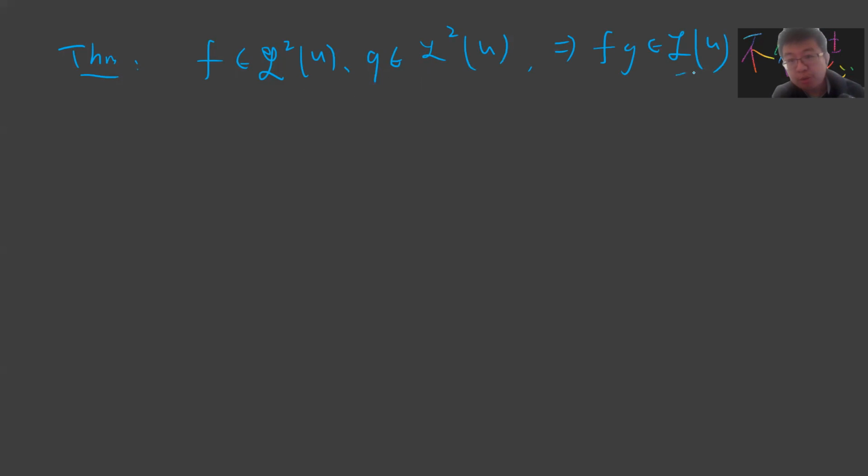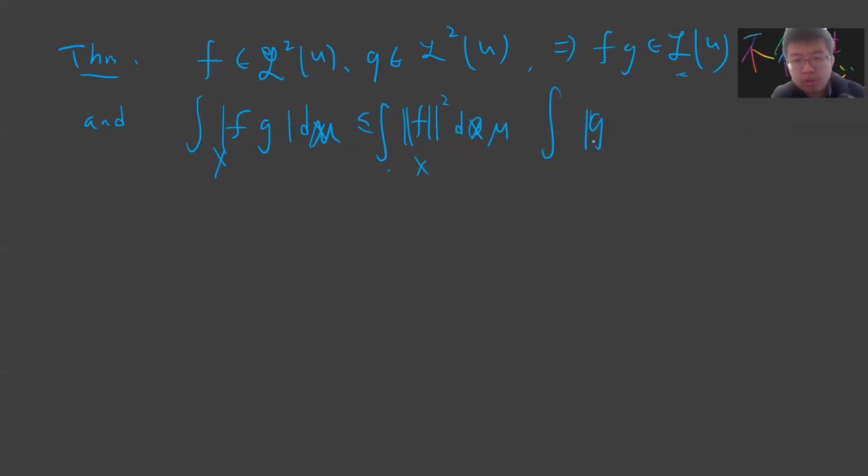Also remember it's L1, not L1 squared. So this is the integral of f squared d mu of x, g squared d mu of x. So this is the Cauchy-Schwarz.